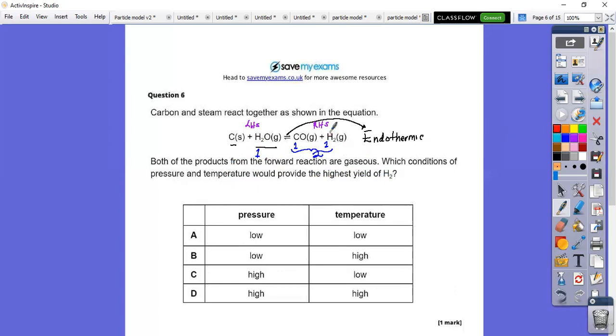So we want to produce as much hydrogen as possible. Yeah, so we're just going to write on this side, this side is high pressure. Just so we can picture what's going on better. And this side is low pressure.